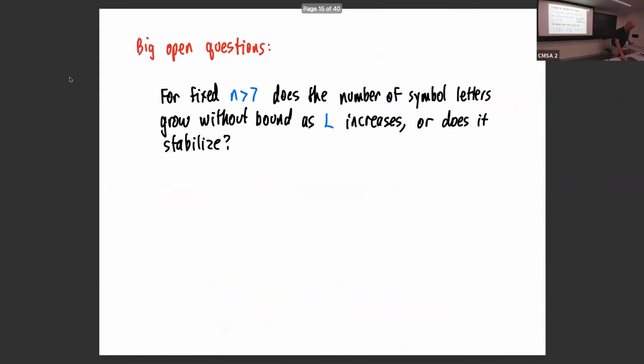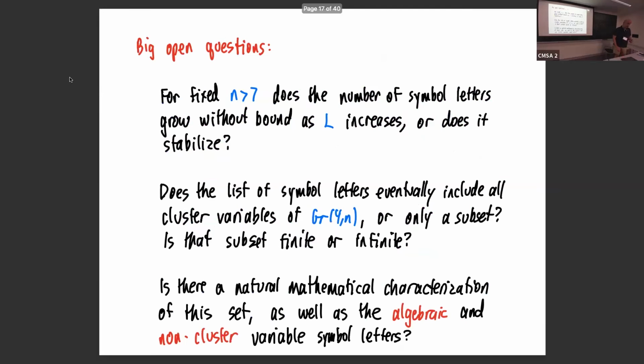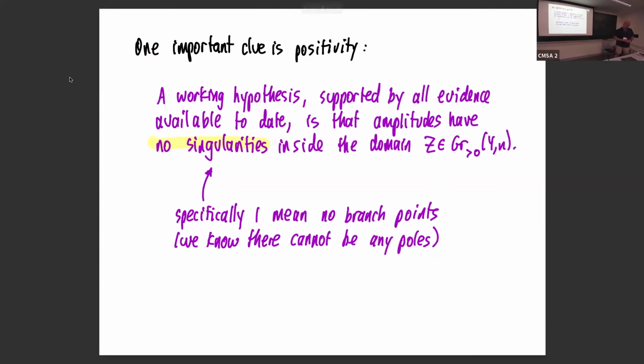Okay, so there's one important clue we have. Lauren already made a comment about this. A working hypothesis that is supported by all evidence available to date is that amplitudes have no singularities when you evaluate them for this momentum twistor matrix Z being a positive matrix inside the positive Grassmannian.